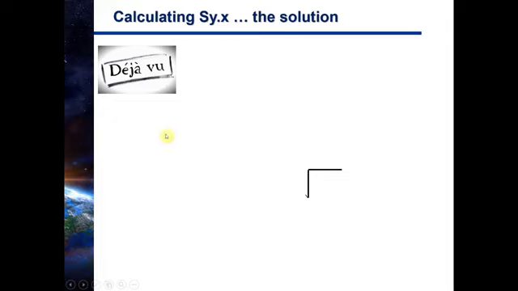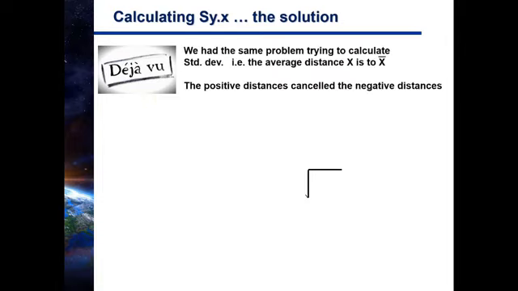Not yet. Anyways, you should be thinking, oh, this sounds like deja vu. What does it mean? You've seen this before. You're going to get 0, right? The positive distances are going to cancel out the negative distances. All right? We saw this happen when we first learned about variance and standard deviation.